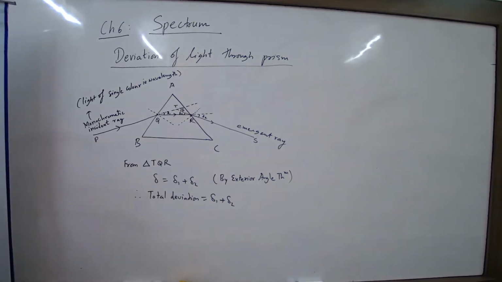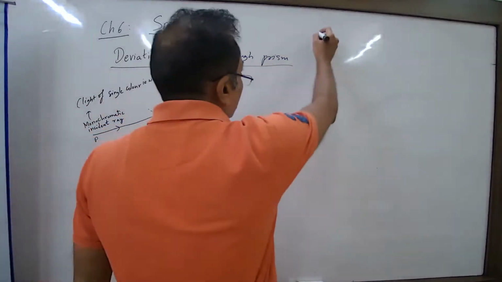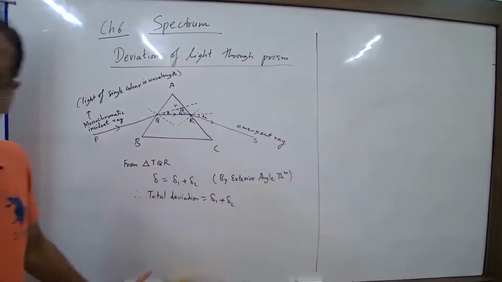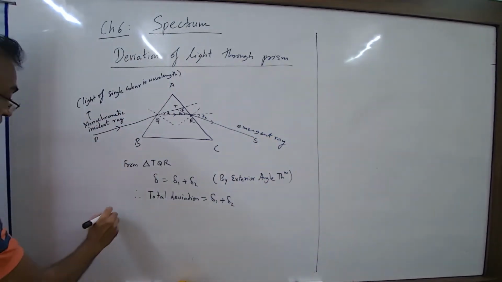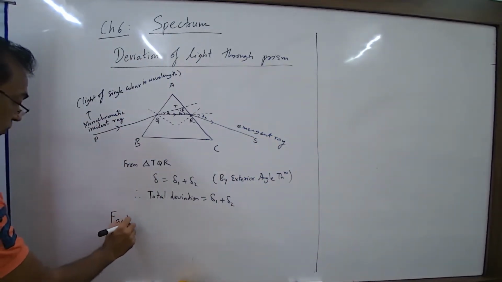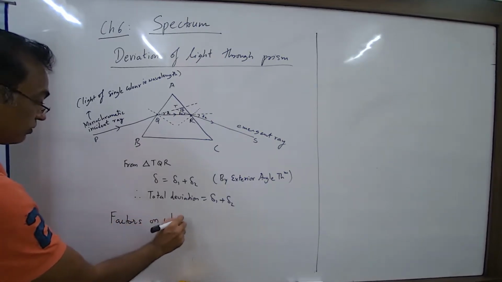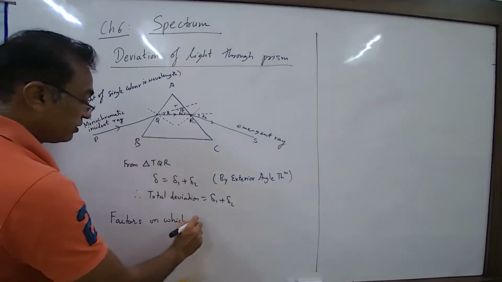Now, we know what are the factors on which deviation depends. Factors on which we have already covered, right? Angle of deviation depends.